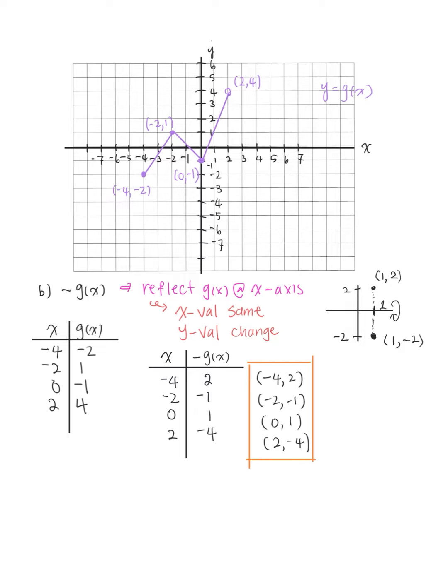All right, so let's plot those points. So we got negative 4, comma 2. So when x is negative 4, y is 2. Please make sure to write down the coordinates. So this is negative 4, comma 2. And next one is negative 2, comma negative 1. Oh, no. Sorry. So this portion here is negative 2, comma negative 1. Next one is 0, comma 1.